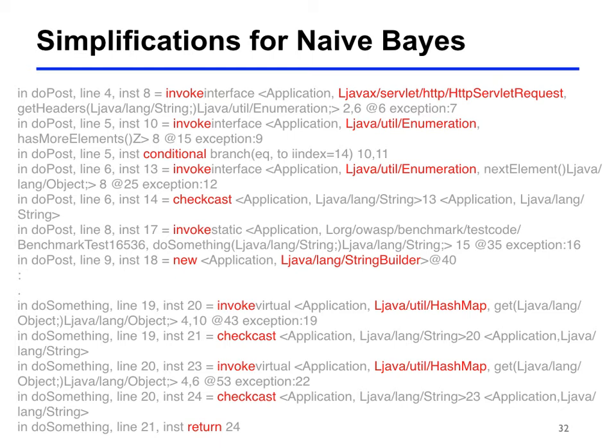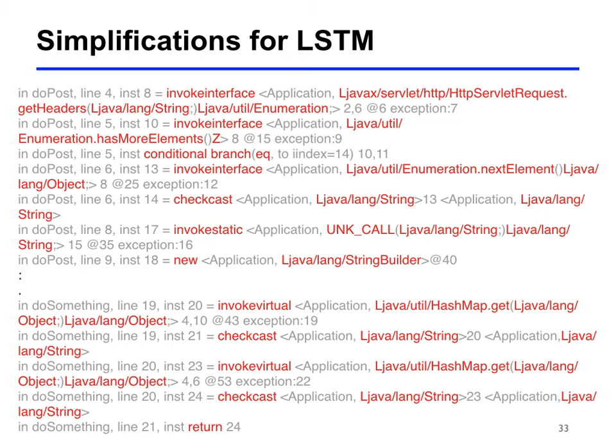In addition to the earlier simplifications, here we remove method names, line numbers, parameter indexes, exception indexes, so that what we fed into the model is very similar to the method body data point. For the LSTM model, we merged the class and method names into a single token, as in the first line. The rest is similar to what we explained earlier.